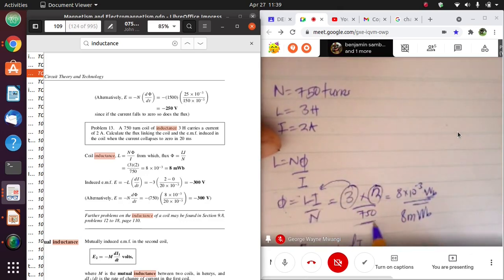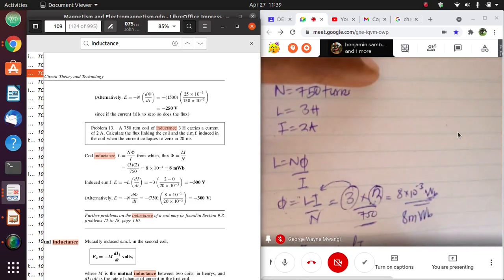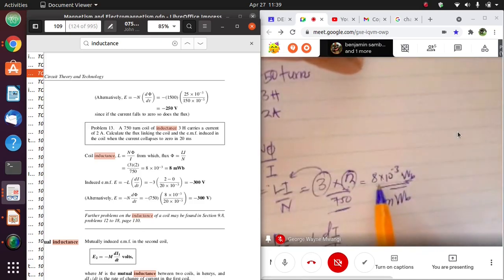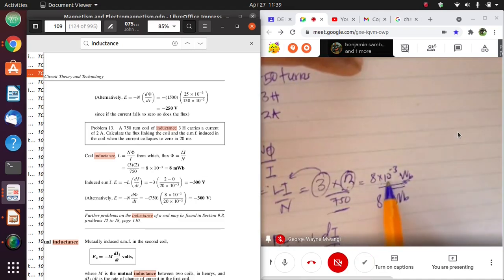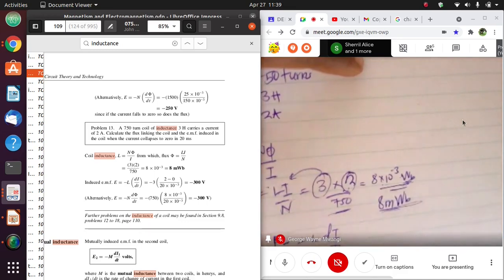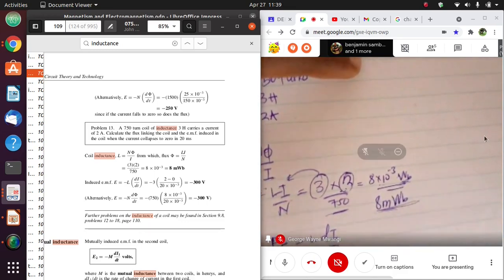I used the wrong figure, I used 3 instead of 2. Oh, it is 2. That's why. So napata that the flux is 8 times 10 raised to power negative 3 Weber or 8 milliweber.